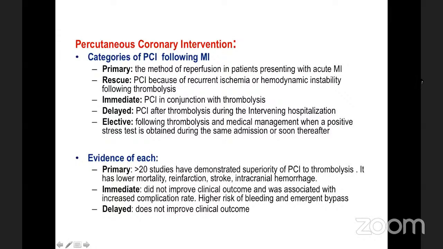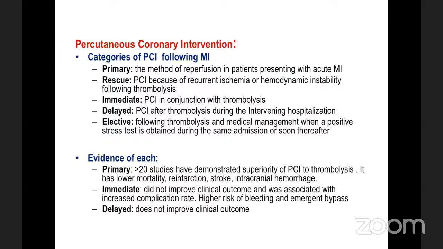So regarding the evidence for primary PCI, more than 20 studies have demonstrated superiority of PCI to thrombolysis. It has lower mortality, reinfarction, stroke, and intracranial hemorrhage. In case of immediate PCI, they didn't improve clinical outcome.